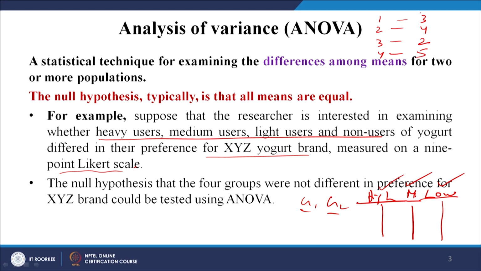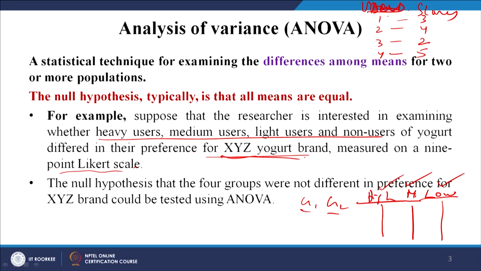These scores that I am giving, these are the scores, right. Not the brands, the users, sorry, these are the users. So, 4 types of users. So, I am saying a particular yogurt brand XYZ, and what score are these 4 groups of users giving for this brand.